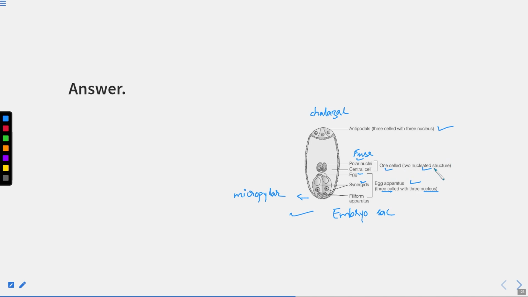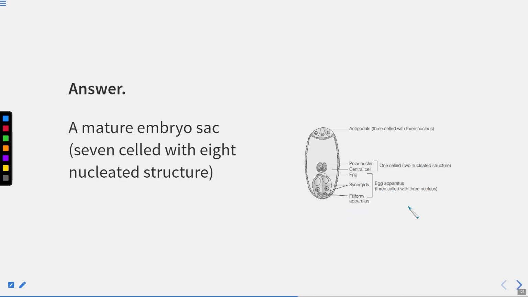So the embryo sac is 8-nucleated and 7-celled. The mature embryo sac is a 7-celled and 8-nucleated structure.